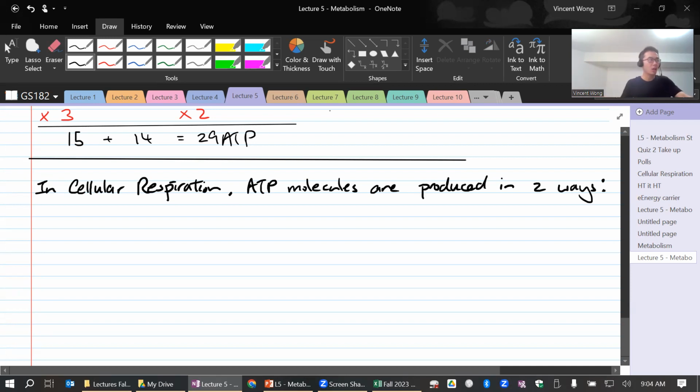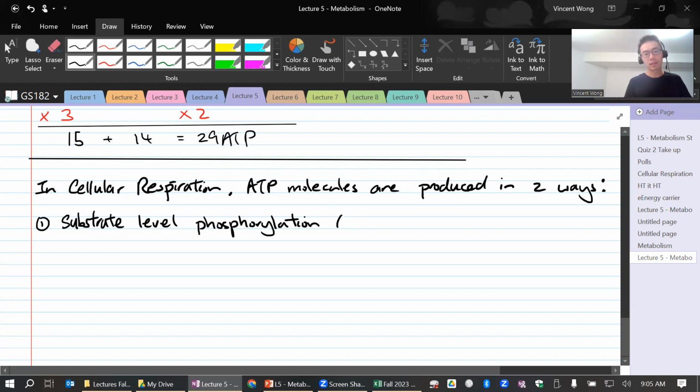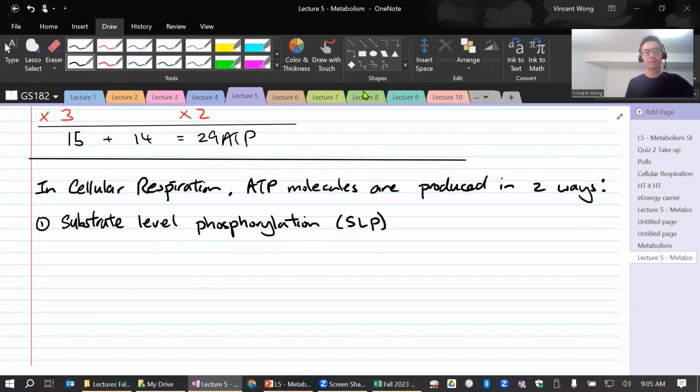Okay, the name is very long. I will write it out first and then I'll explain. One is called substrate level phosphorylation.